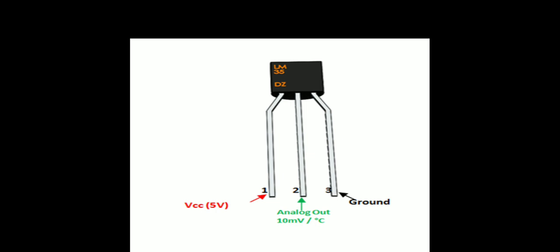When we hold it in front of our face, the leftmost pin, number 1, is VCC, and standardly we give this pin a plus 5 volt supply. The middle pin, number 2, is for output, and it gives the output in voltage form. This LM35 gives the output in the millivolt range. And the rightmost pin, the third pin, is the ground.